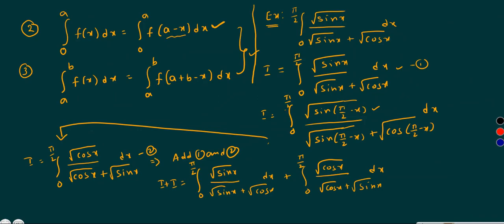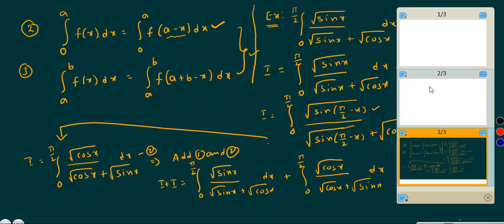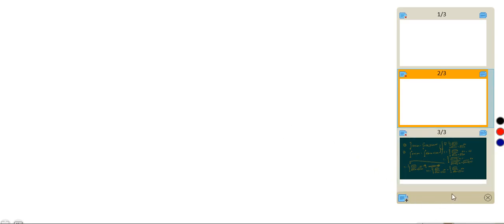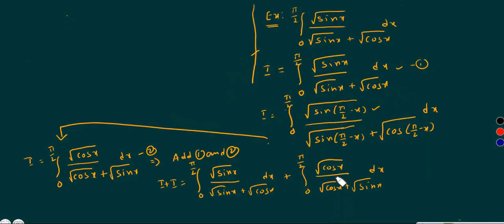Okay, now see how to write this one. I plus I, 2I equals integration from 0 to pi by 2 of root sin x plus root cos x by root sin x plus root cos x dx.